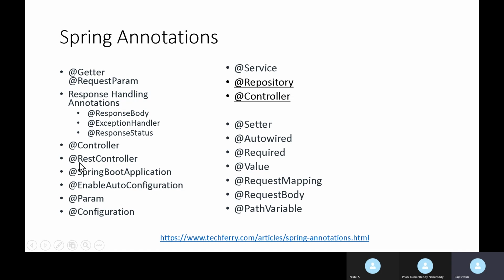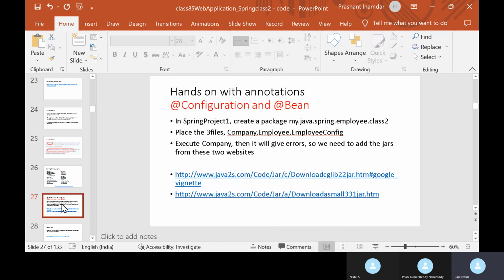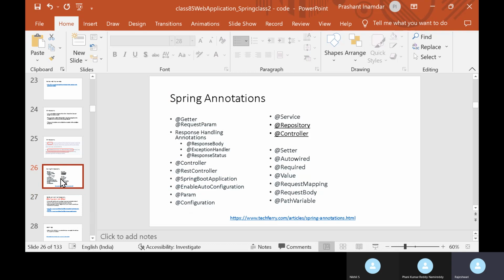Particular to REST, if you want a REST controller, these are all annotations. Repository, controller, setter, autowired, all these are just annotation examples. There are a lot of exercises you can go through in one of the links, and you can understand better. But for your purpose, I don't have to go through each and every annotation.